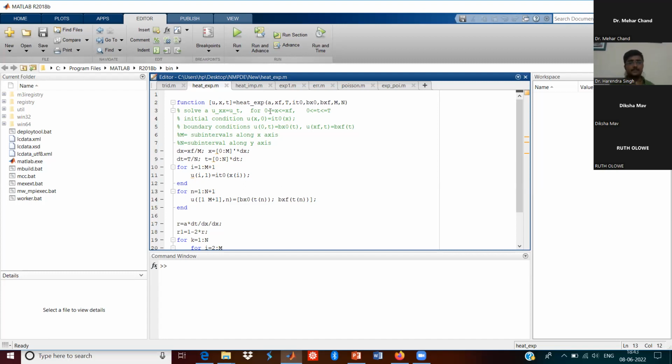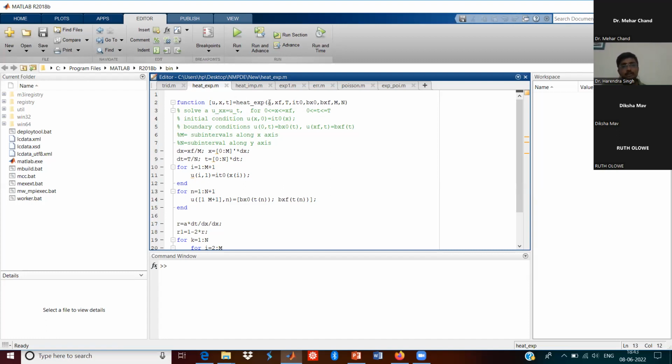parabolic PDE, heat equation means a parabolic PDE of this type, u_xx equal to u_t, where x lies between 0 and xf and t lies between 0 and T. If you are going to solve this type of equation using the forward Euler method, then you can just construct a function.